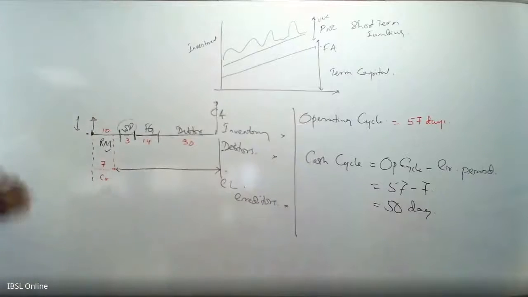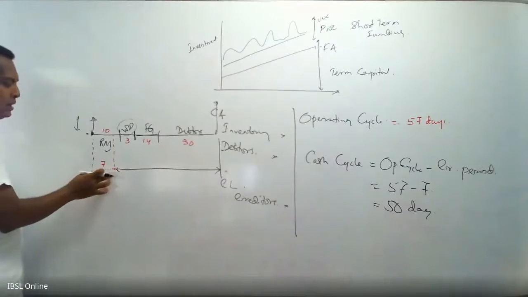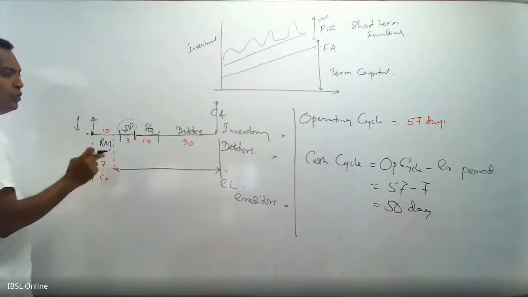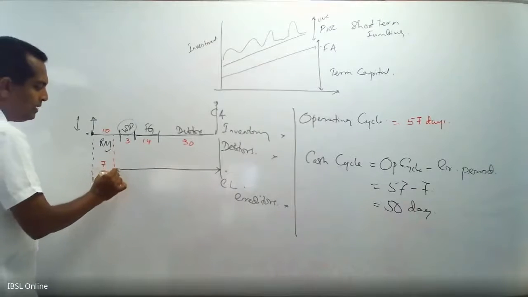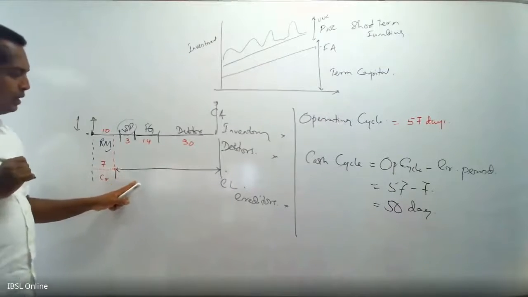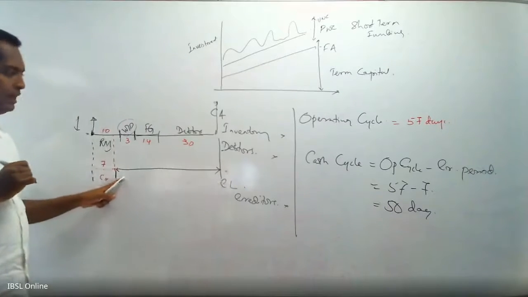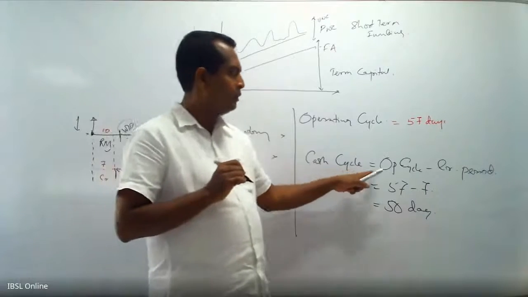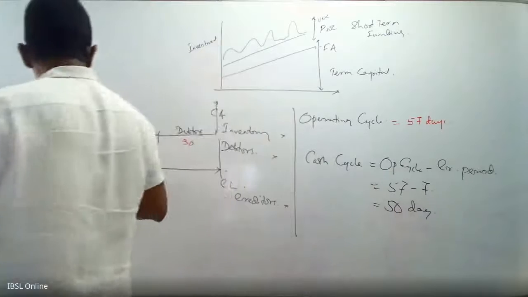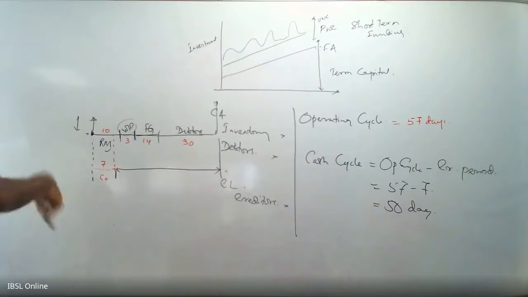But if you take credit from the market, you get your raw material, but you don't invest your money. So you will be investing money only on the 7th day. So actual investment is only this much. Cash cycle equals operating cycle minus credit period. Right? So this is called the working capital cycle.